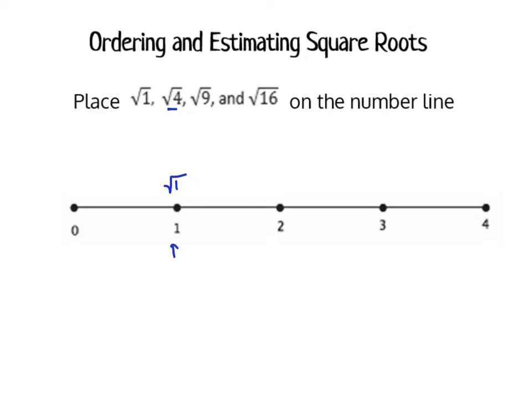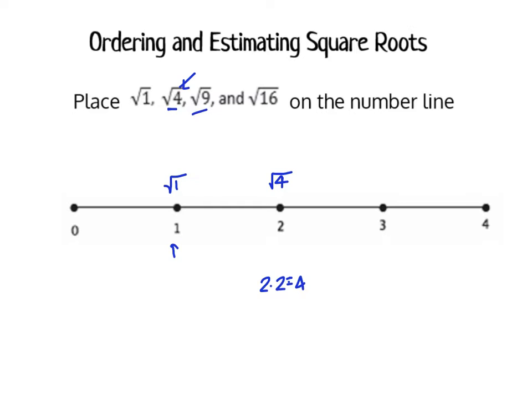The square root of 4. What number when I multiply it by itself gives us 4? And that is 2. The square root of 4 is 2 because 2 times 2 equals 4. Again, this is a perfect square because the number 4 we get when we multiply the integer 2 times 2.